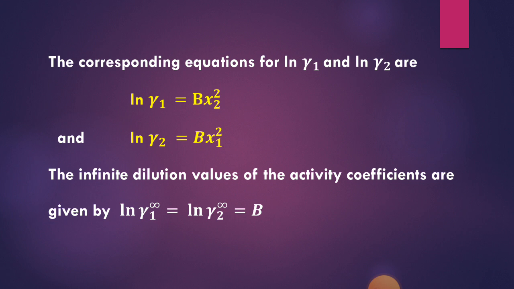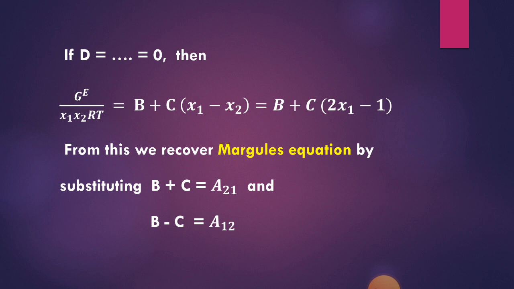The infinite dilution values of the activity coefficients are given by ln gamma 1 infinity equal to ln gamma 2 infinity equal to B. If D equal to 0, then the above expression becomes GE by x1 x2 RT is equal to B plus C x1 minus x2, which can be written as B plus C into 2x1 minus 1.